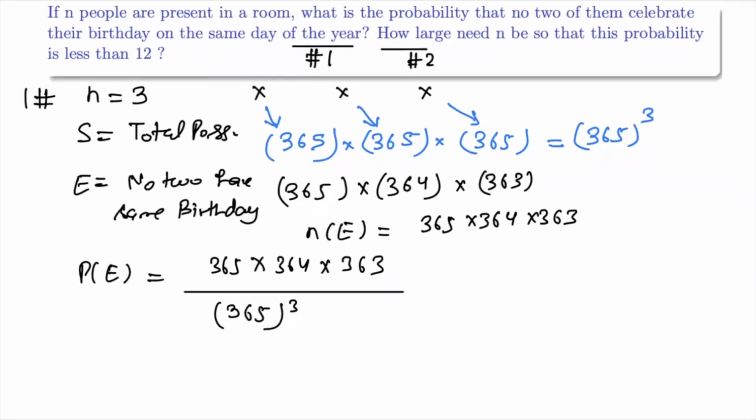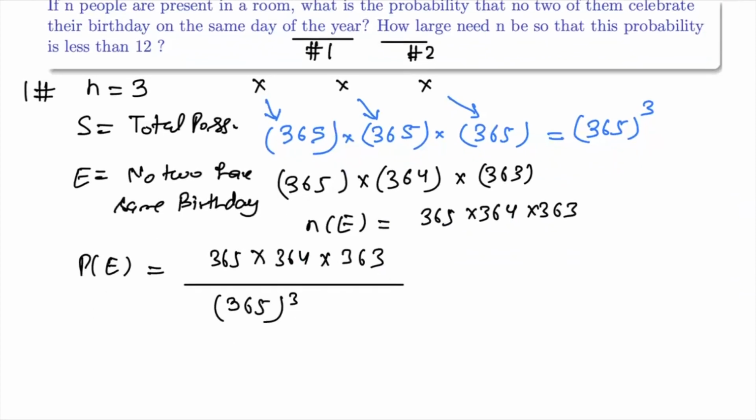Now let us generalize the case. In generalizing the case, I will not restrict myself to 3 persons only. So assume that there are n people in the room.